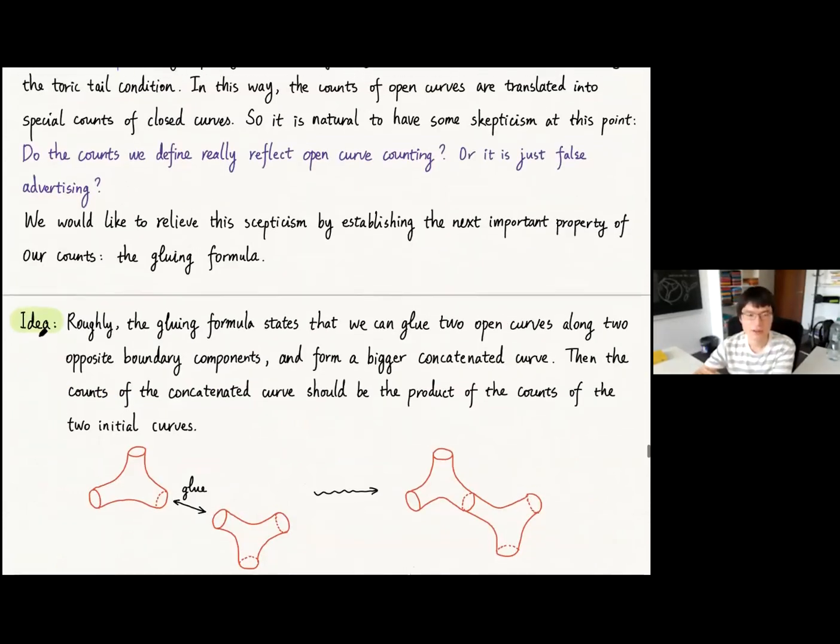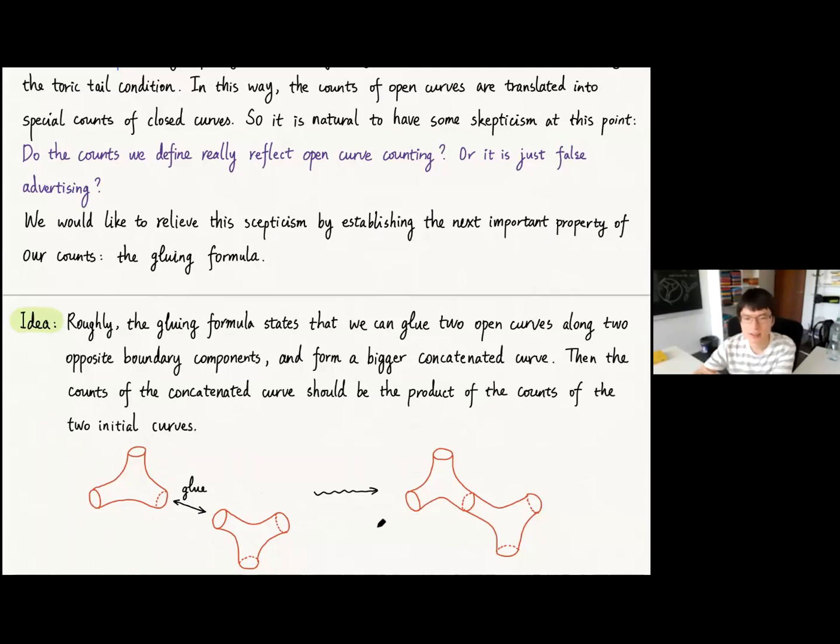So the idea is the following. Roughly, the gluing formula states that we can glue two open curves along two opposite boundary components, like here, and form a bigger concatenated curve. Then the counts of the concatenated curve should be the product of the counts of the two initial curves. Here we have two open curves, and we glue them at the boundary.